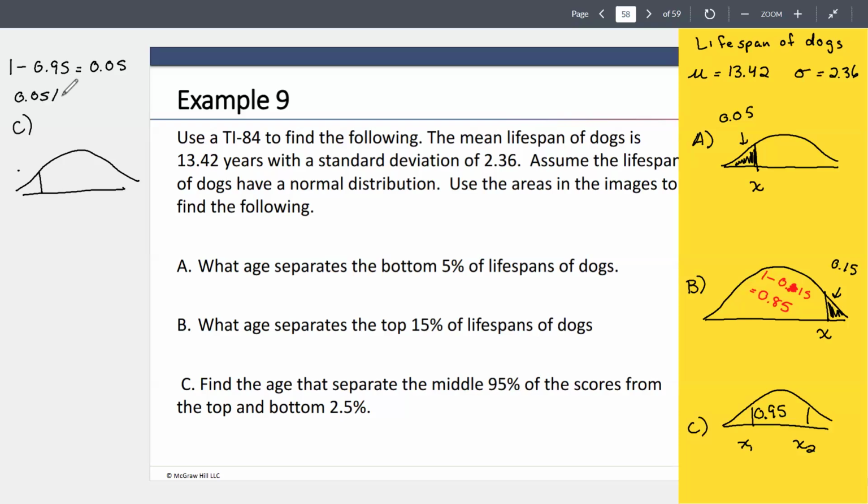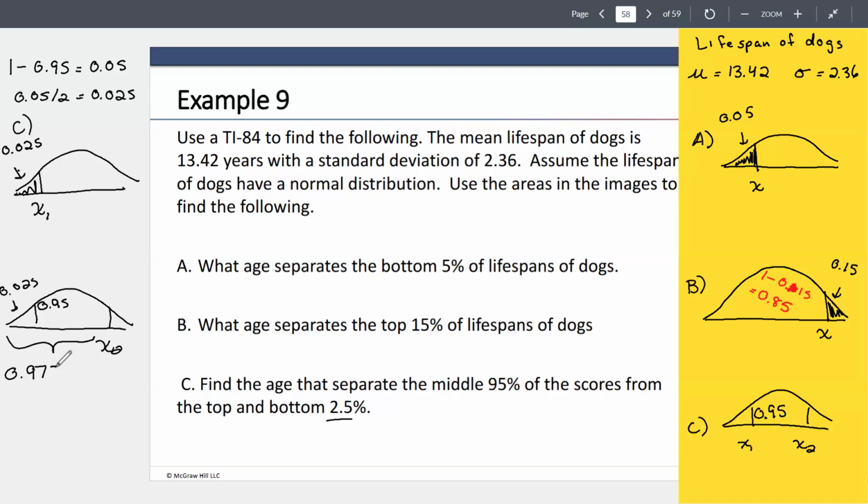So if I cut that in half, I have 0.025, which is that bottom 2.5%. We'd have 0.025 here. That's my X1. X2 is we have the 95 that's in the center. And then we have this 0.025 over here. So this whole area here is 0.975.